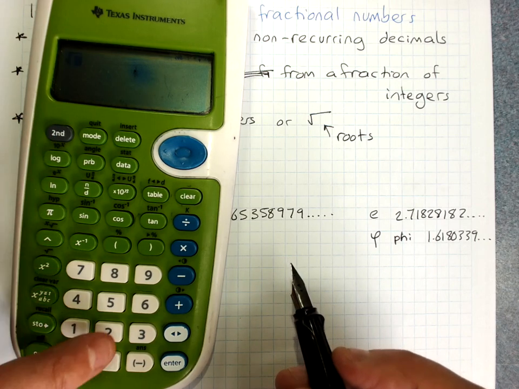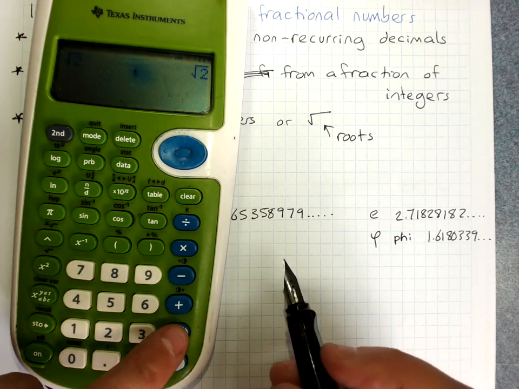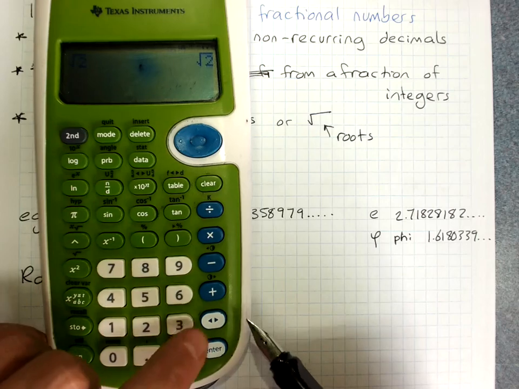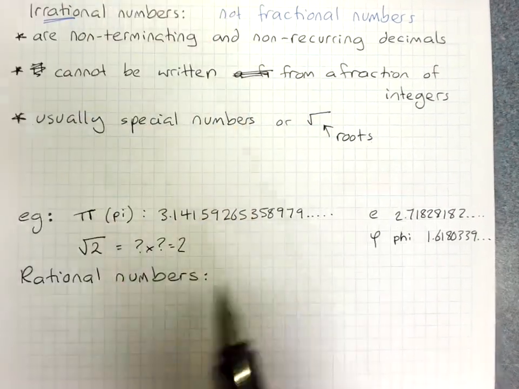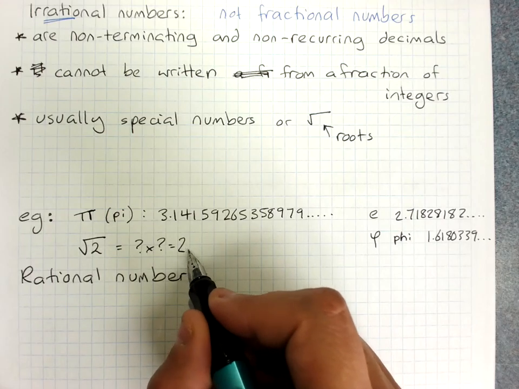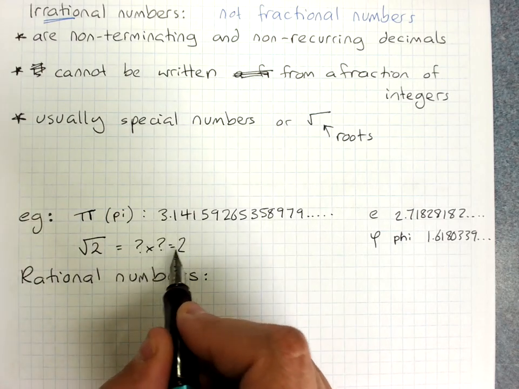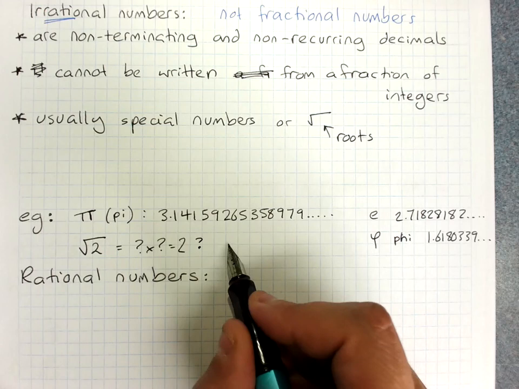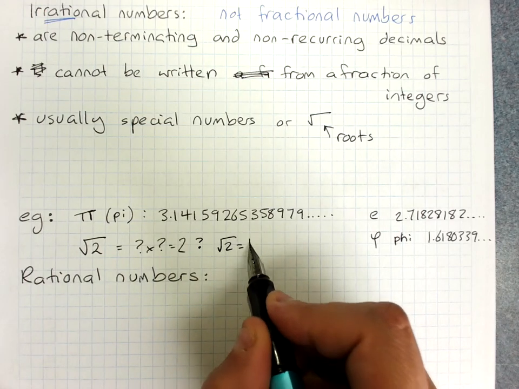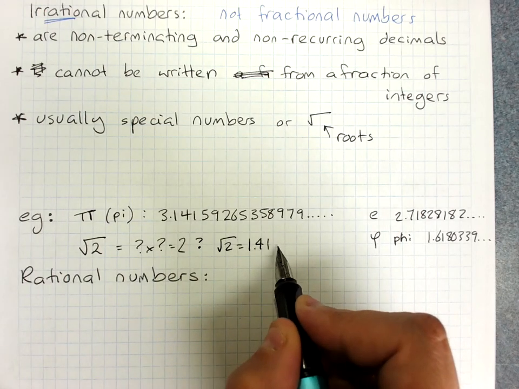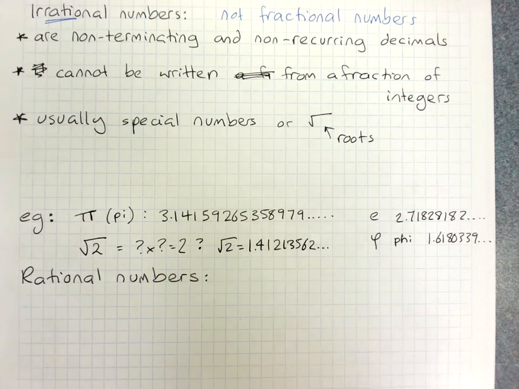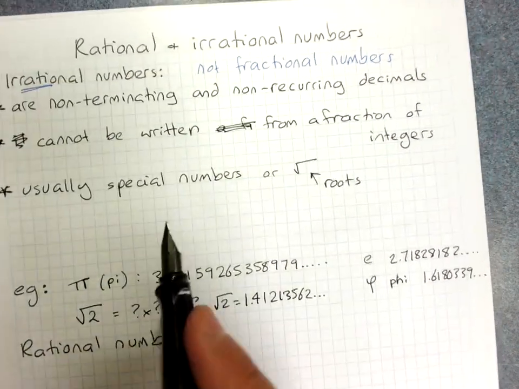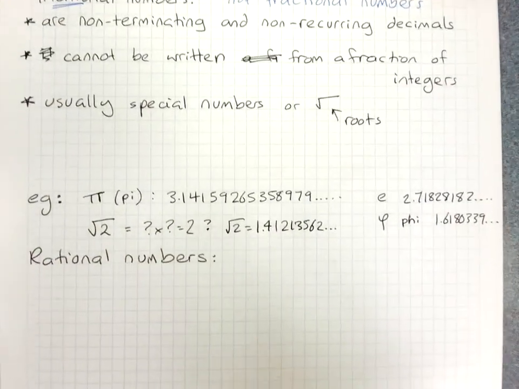If you get a root answer and you want a decimal, you push this button: 1.41213562. It just keeps going forever. So these are irrational numbers.